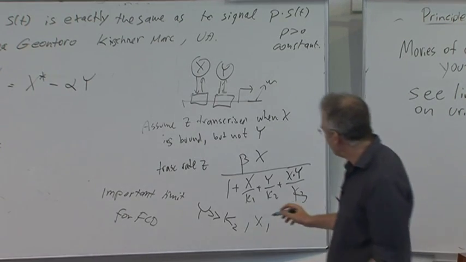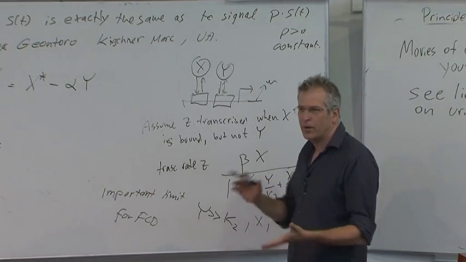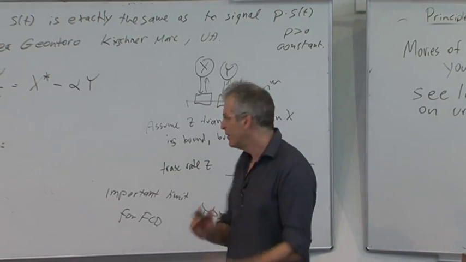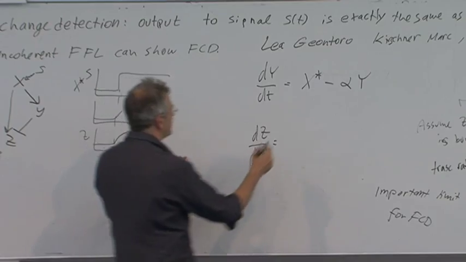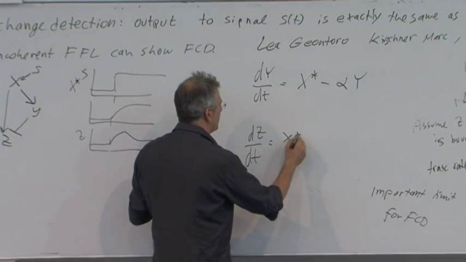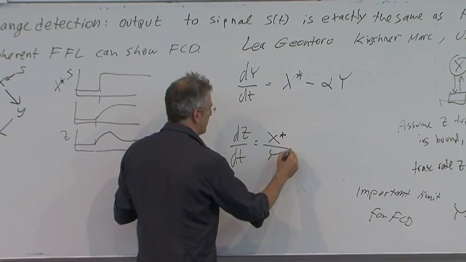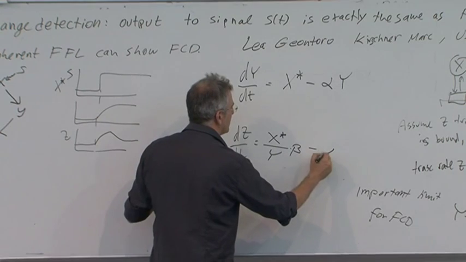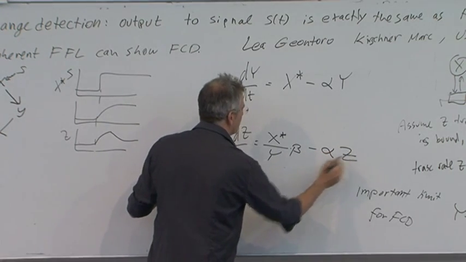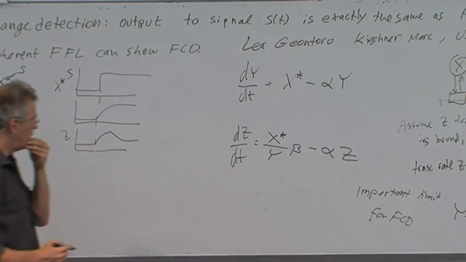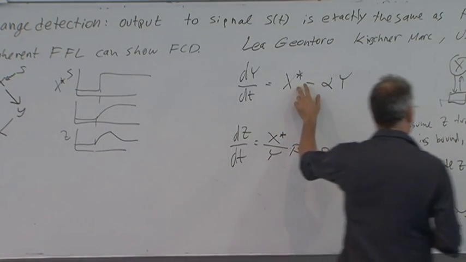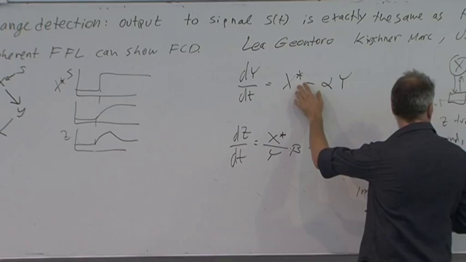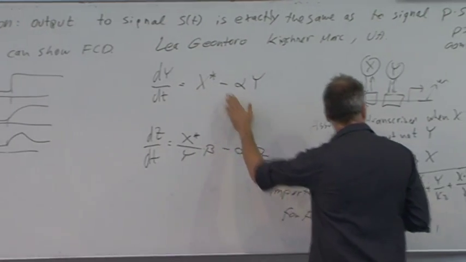So I'm going to assume that there's a lot of Y, basically. The Y is almost saturating the receptor. And that X is in its linear regime. And then what we can write is X star over Y times the number minus alpha Z. Where is the assumption that X is in linear regime? Yeah, it's here.